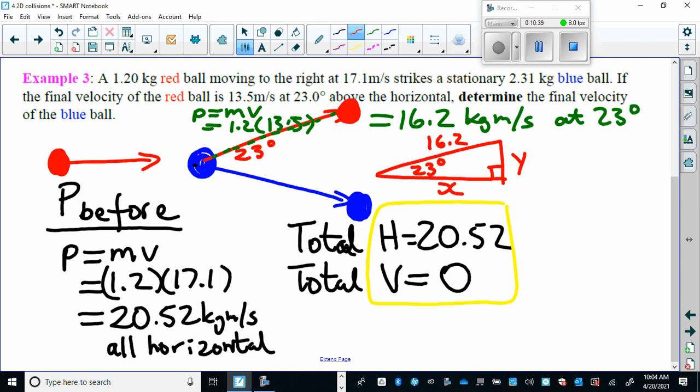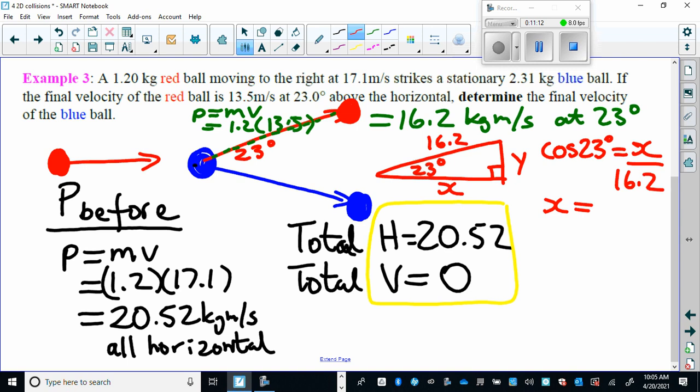And with all right angle triangles, we're going to use sine and cosine to calculate the x and the y. Cosine of 23 degrees equals the adjacent. I always just do my x first, just by habit. It doesn't make a difference. Over the hypotenuse, so x over 16.2, and therefore x equals, and of course we know the answer is going to be less than 16.2 because the hypotenuse is always the longest side.